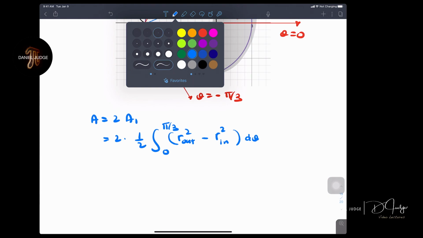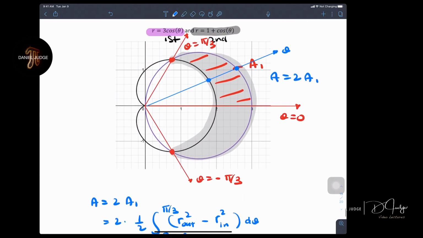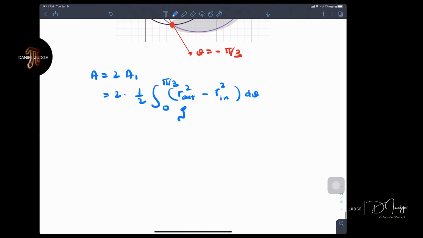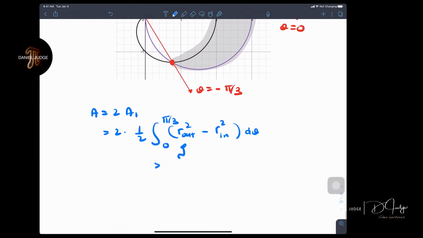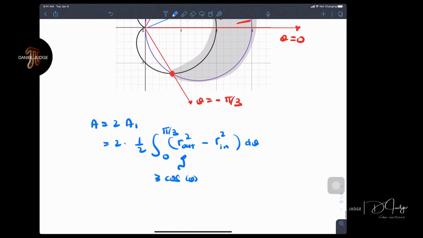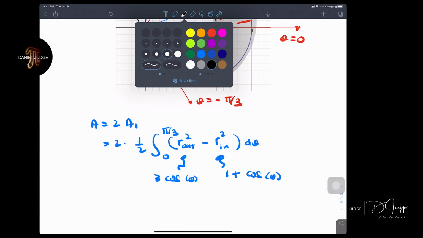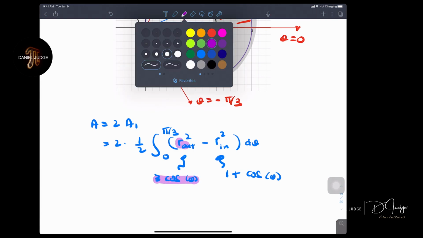So I'm going to replace this here. This is r, 3 cosine theta. Let's double check. Yeah, 3 cosine theta. And the black curve is a cardioid, 1 plus cosine theta. So I want to make sure purple and the black curve.